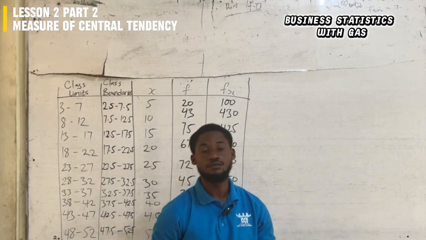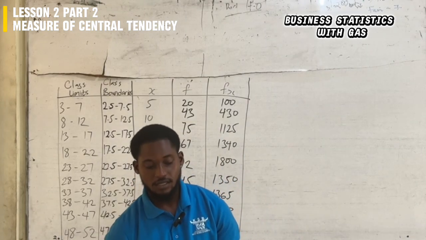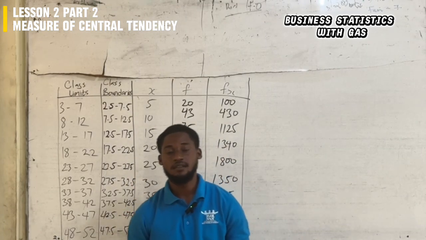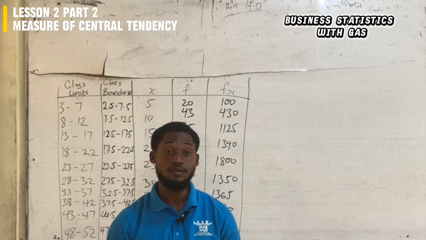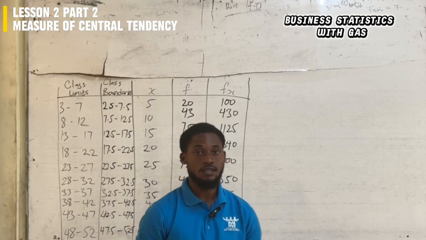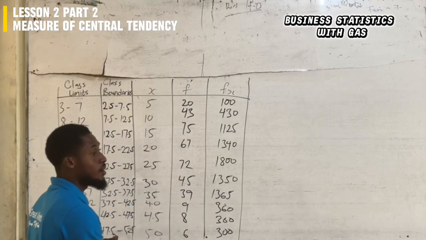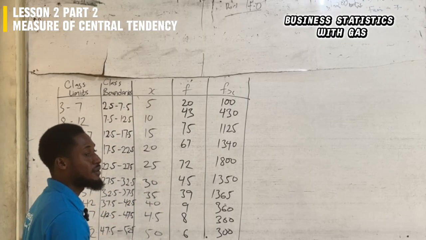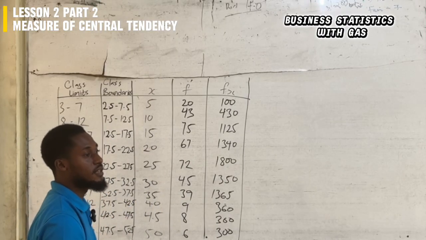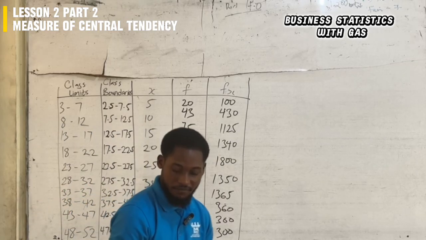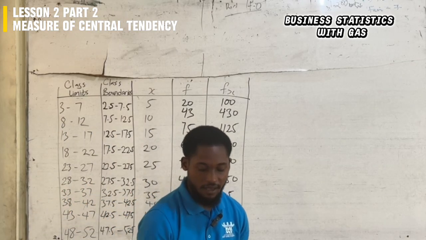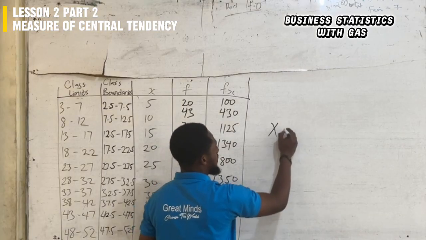So we move on to method 2. Method 2 is assumed mean, finding an assumed mean. You can be given a question and asked to find an assumed mean. What we did helped us find our arithmetic mean, where the mean is sigma fx over sigma f.